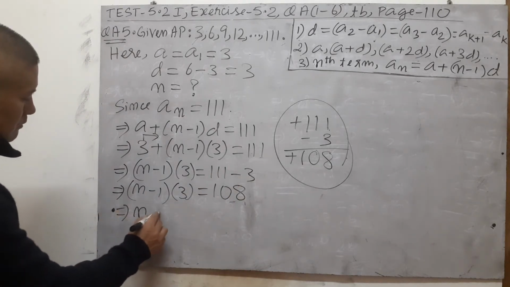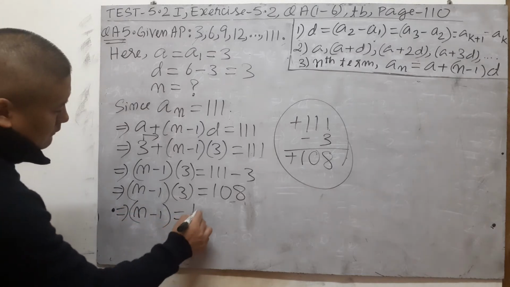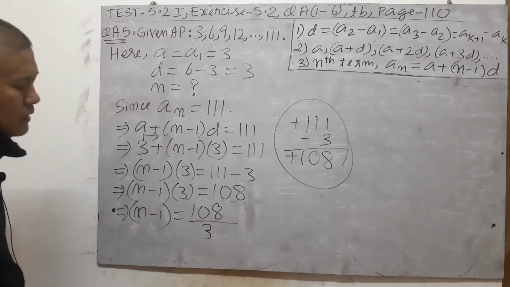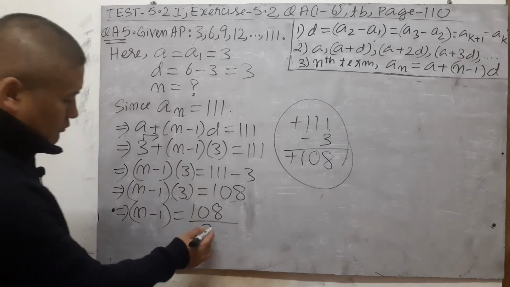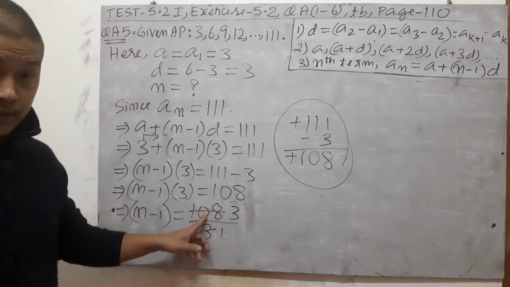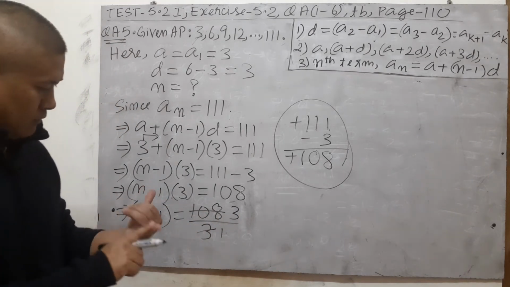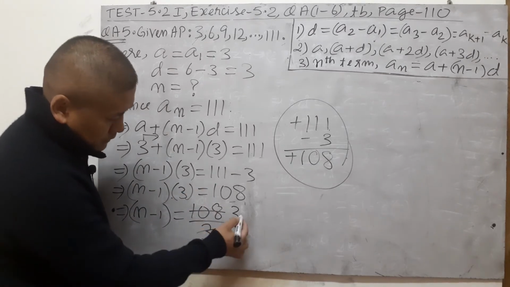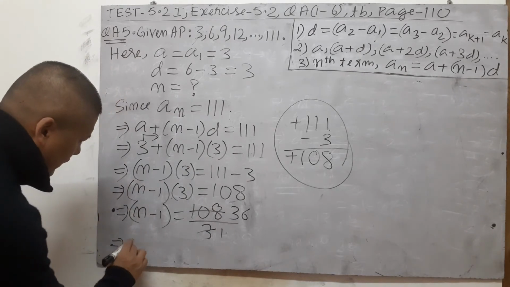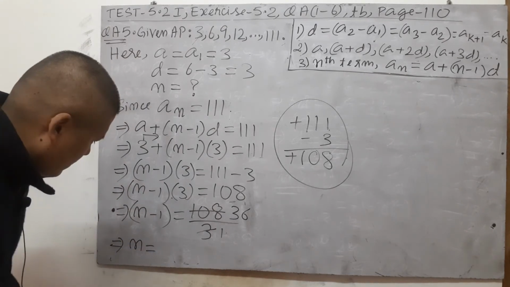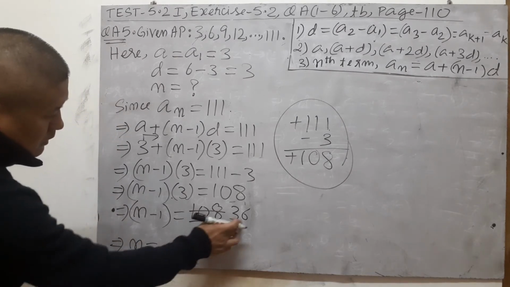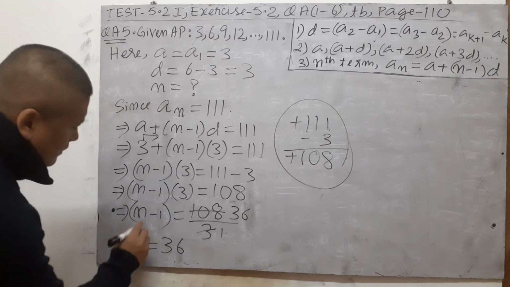So n minus 1 will therefore be 108 divided by this 3, which comes to the denominator when we shift to right side. 3 1s are 3, 3 3s are 9, but 10 is here, so 1 remainder. 1 will go to the left of 8, so it becomes 18. 3 6s are 18. So I'm going to get here n minus 1 is equal to 36.